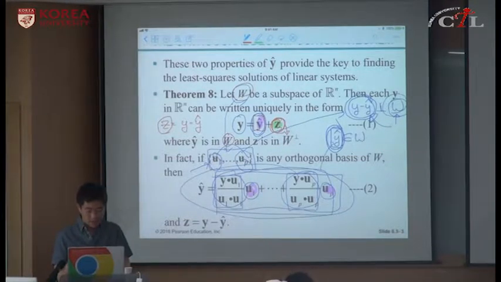There are infinitely many vectors belonging to subspace W, but z only needs to be perpendicular to a finite number of vectors, which are our basis vectors of the subspace W, u1 through up.